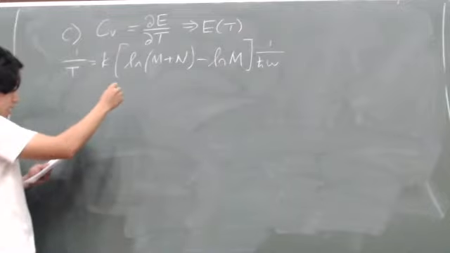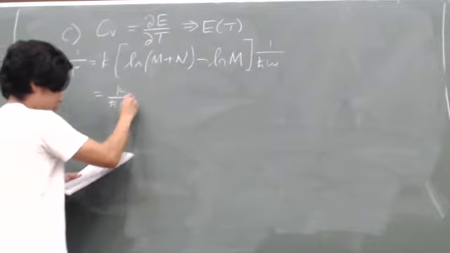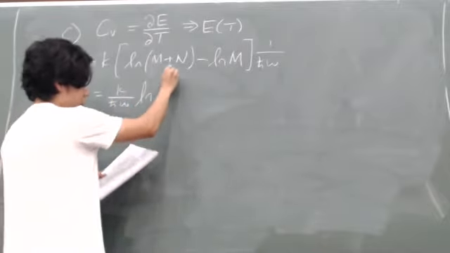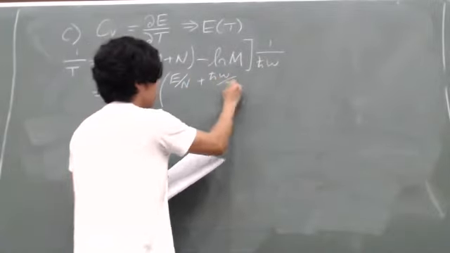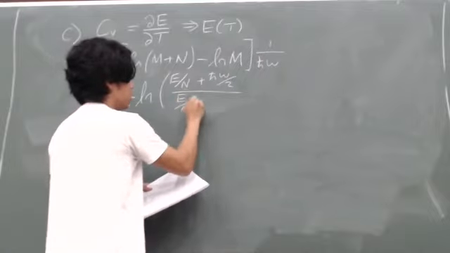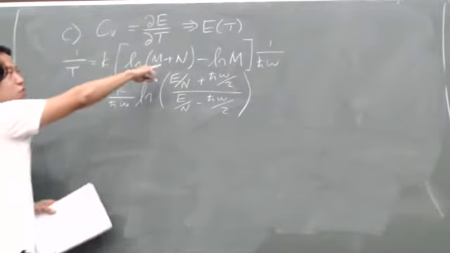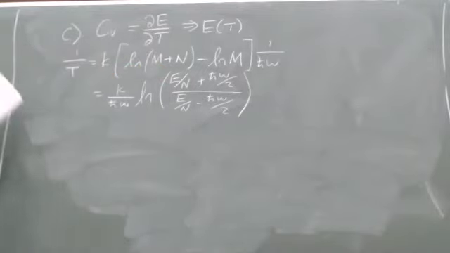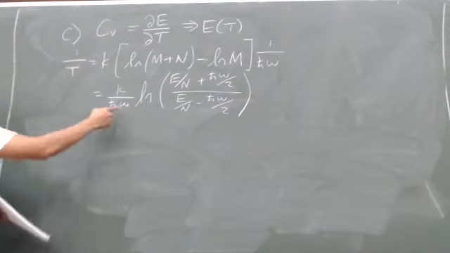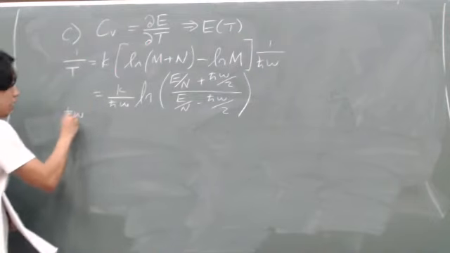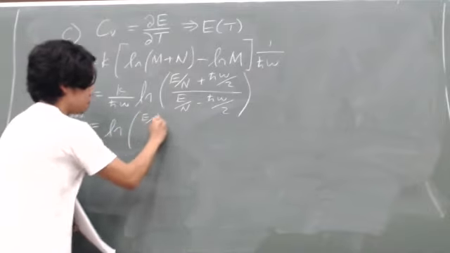So if you substitute back in the definitions, this will look like k on h bar omega times log of (E on N plus h bar omega on 2) divided by (E on N minus h bar omega on 2). I skipped a lot of lines of algebra, but it's not that hard. You just substitute in M and then use the log laws. Okay, so in this case, if we take these to the other side, we get h bar omega on kT is equal to log of all this stuff inside.